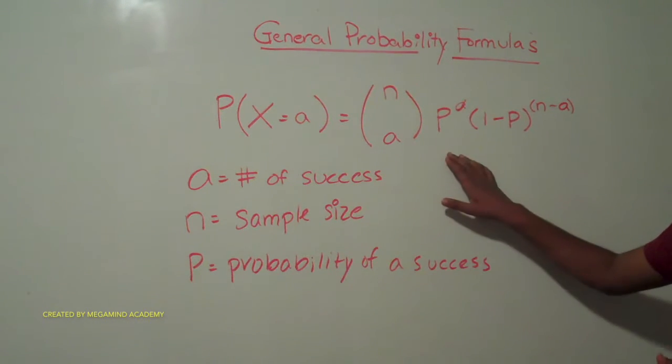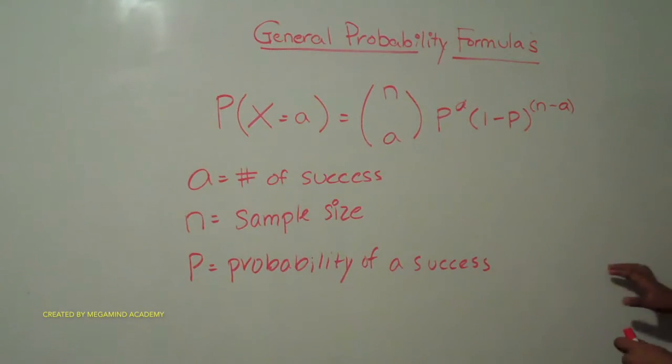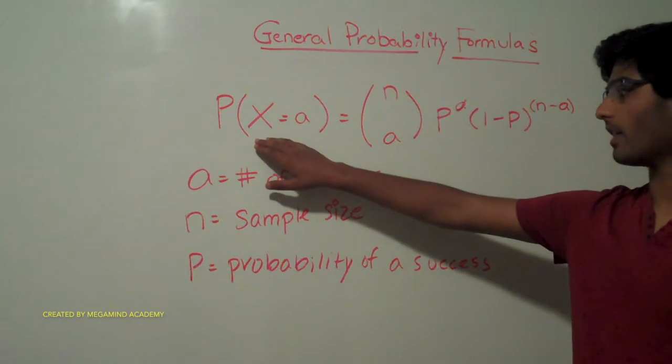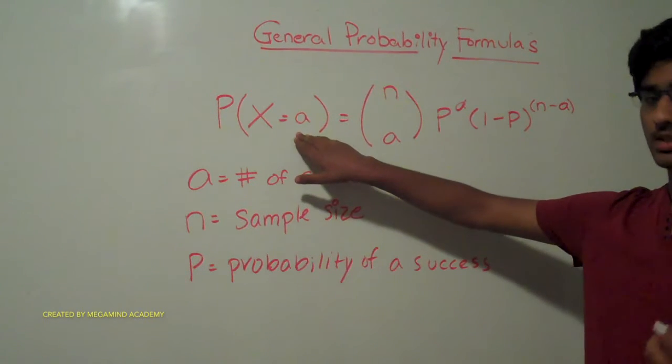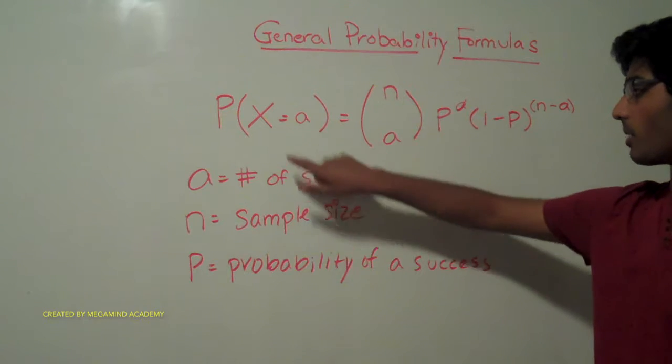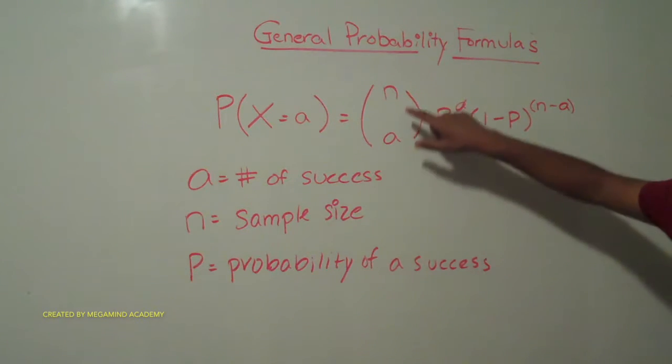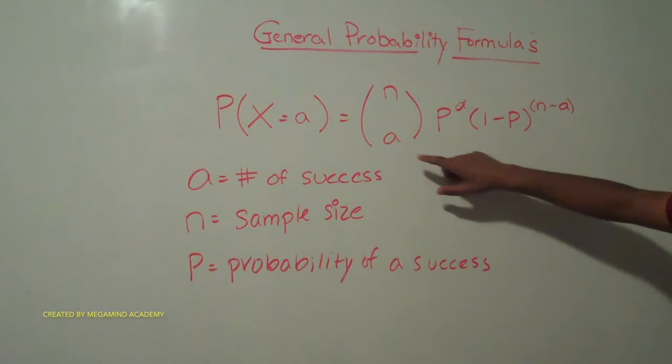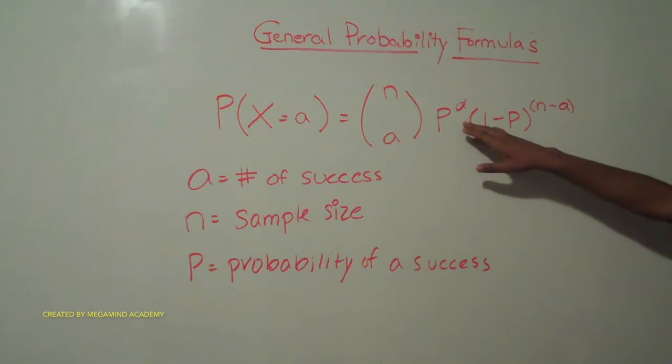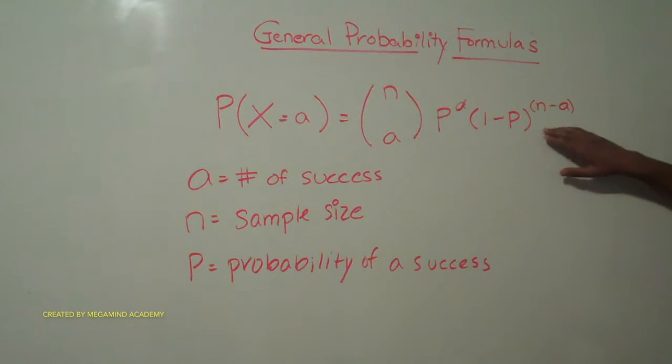So this is the binomial probability. Here we have the probability of x equaling a, so a certain number of successes, is equal to n choose a times p to the a power times 1 minus p to the n minus a power.